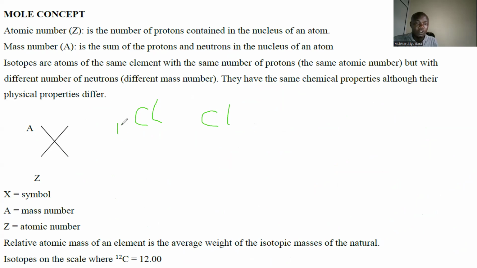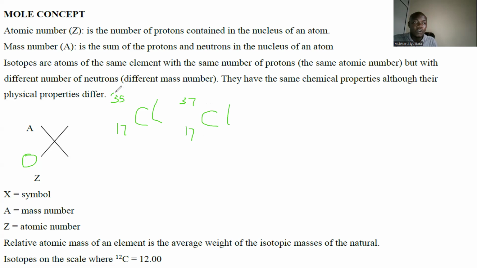The atomic number of chlorine is 17. Remember, the number attached around here indicates the atomic number. So isotopes are elements that have the same atomic number but different mass number.